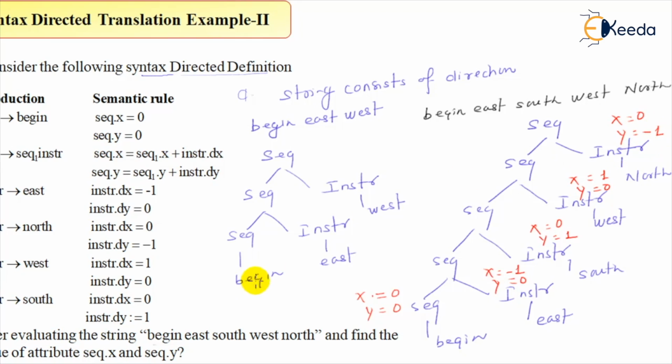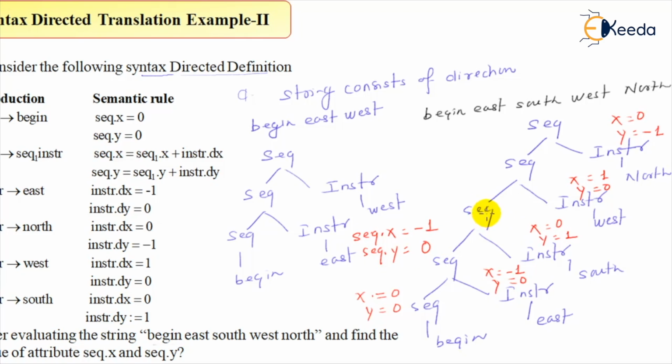Now the computation: sequence dot x is equal to sequence 1 dot x, that is the child, plus instr dot dx. So the values here are 0 and -1, so this will become 0 plus -1, and sequence dot y will become 0 plus 0, that will be 0.